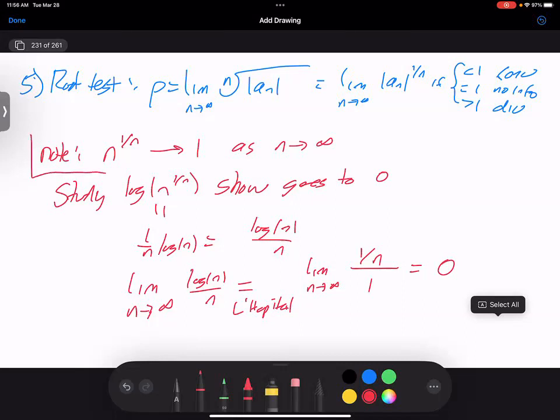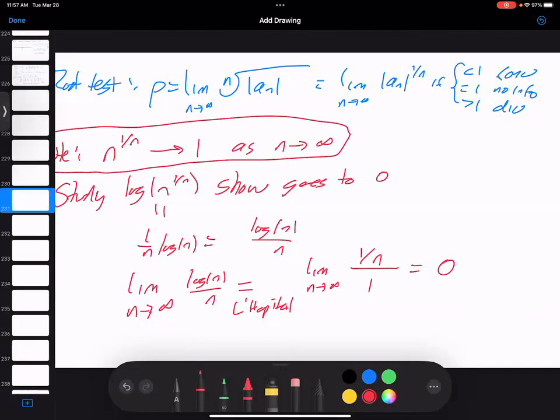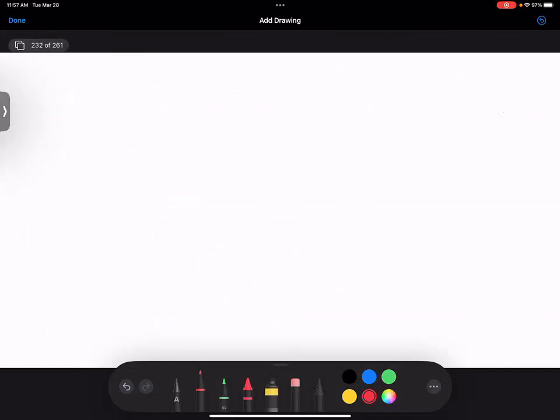This is an extremely useful fact to know when you're trying to do root tests. If I have something like n to the 1 over n, for example, if I give you a_n is n cubed over 3 to the n, what would be the limit as n goes to infinity of (n cubed over 3 to the n) to the 1 over n?